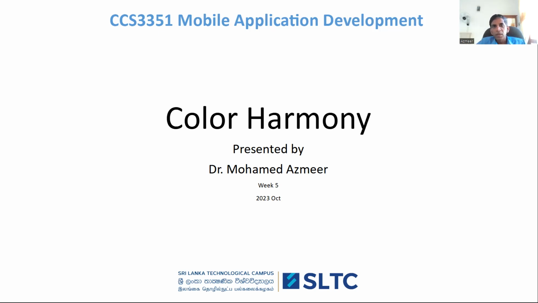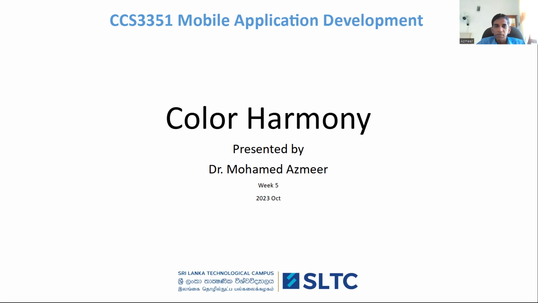You might think, okay, why color in a coding class? Well, as you go through this, you will realize, of course, it's a big deal. You need to understand why color, especially color harmony. Color harmony is about putting colors together, right? Because some colors don't go together. Some colors go very well together.